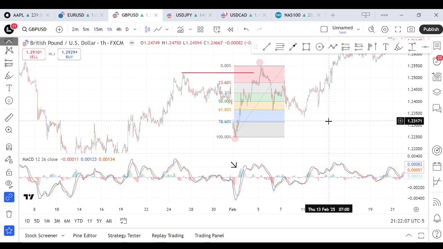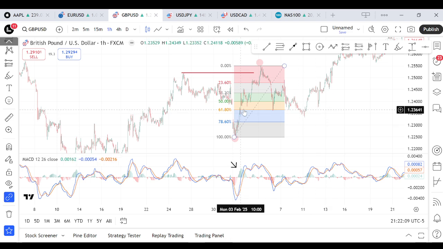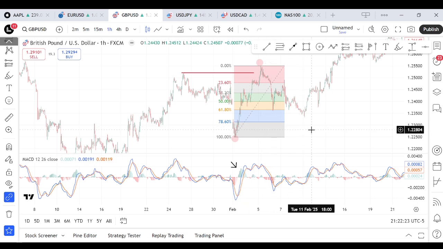So focus on key levels such as the 38.2%, the 50%, the 61.8%, and the 78.6%, as these zones often act as zones where price reacts. Next, you use the MACD indicator to confirm momentum at these retracement levels. Look for crossovers or changes in the histogram that align with the price action at these zones.